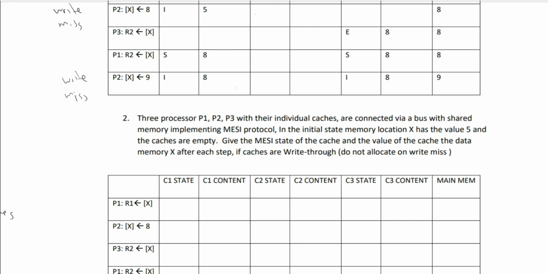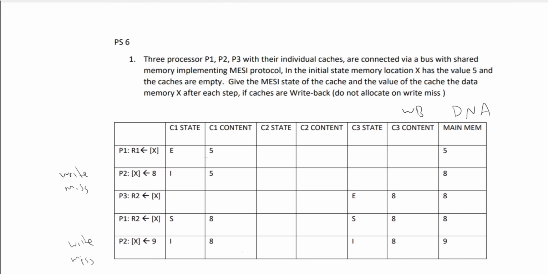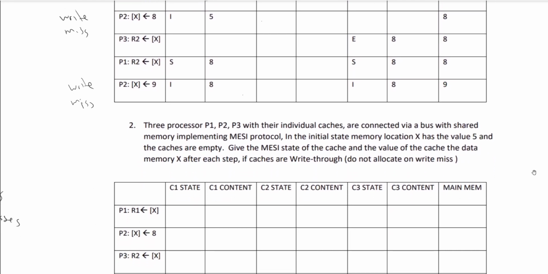This is write through and do not allocate, but it's gonna be similar, I think. Definitely the load, right? Main memory has a 5, like he told us. Initial.